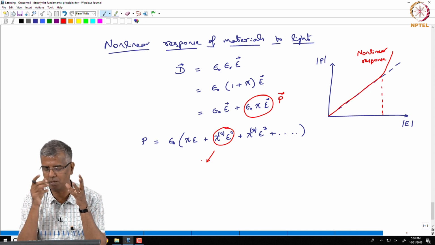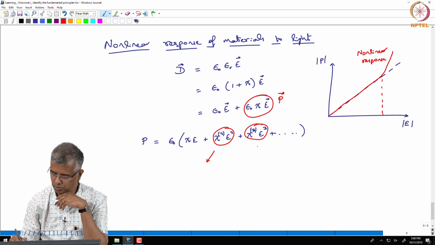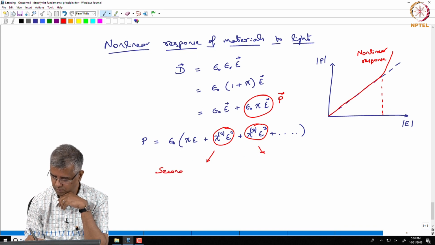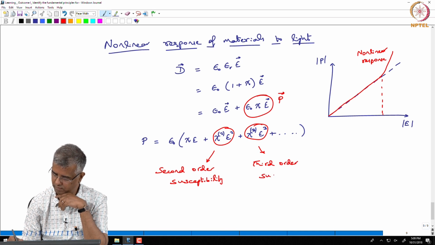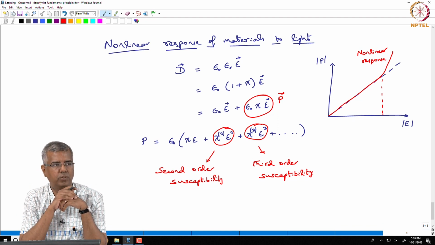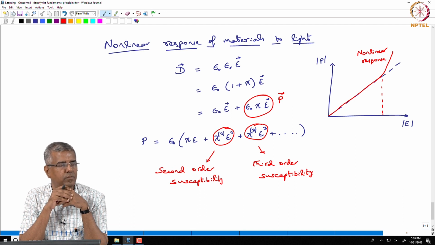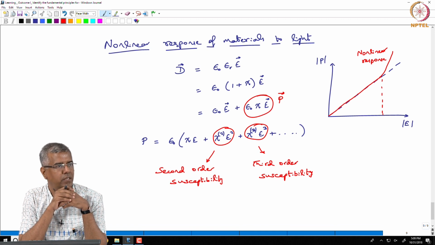Okay. And similarly, if you are talking about the chi 3 term, which is called the third order susceptibility. So, chi 2 is called the second order susceptibility, and chi 3 related effects is called the third order susceptibility. There you could have a mixture of three different electric fields, okay. And quite interestingly, these electric fields need not be at the same frequency.